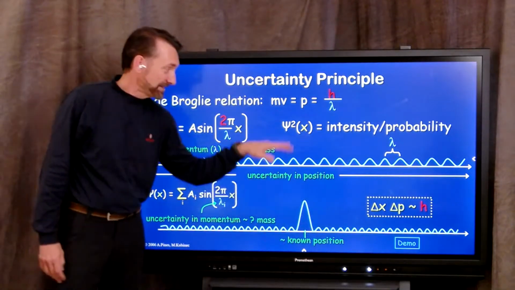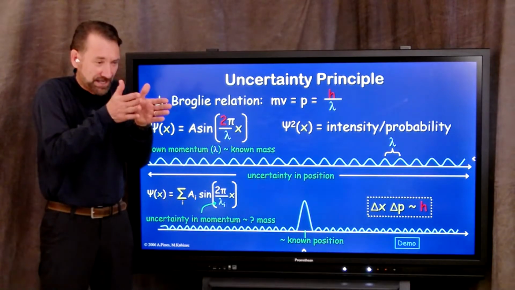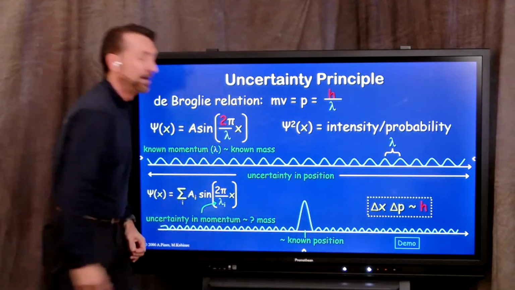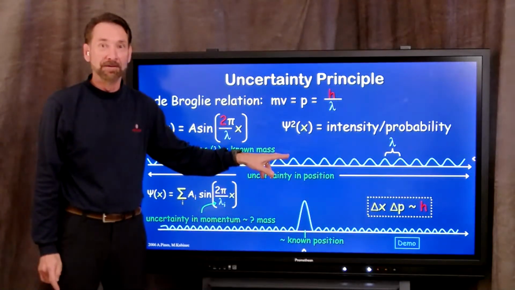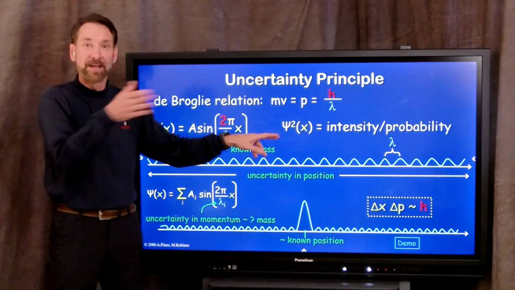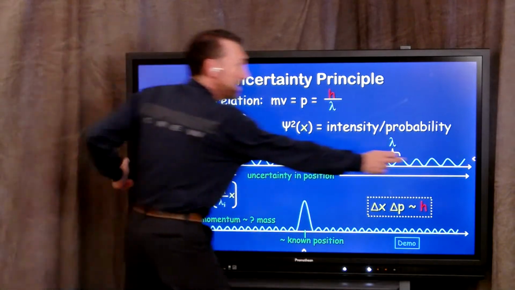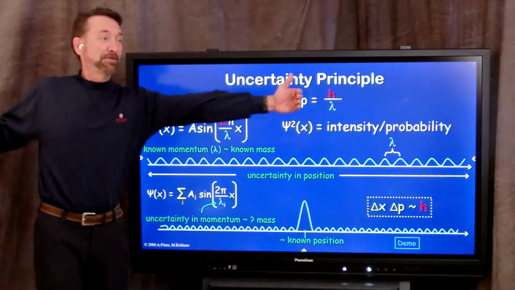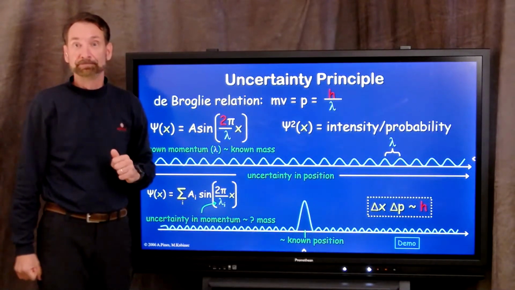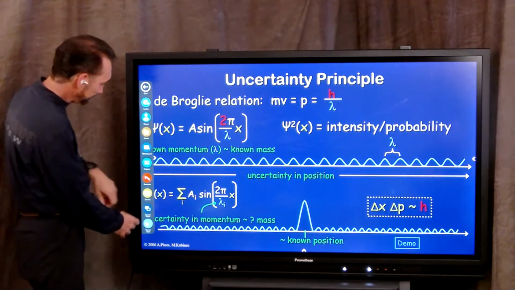So matter has this strange property where if I look very closely and try to say, is the particle in this tiny position in space right here, I lose track of its exact momentum. I lose track of how fast it's moving back and forth. If I look at a big range, so I say, well, I don't care exactly where it is, then I can measure its energy exactly or more closely. There's an uncertainty in both of them.